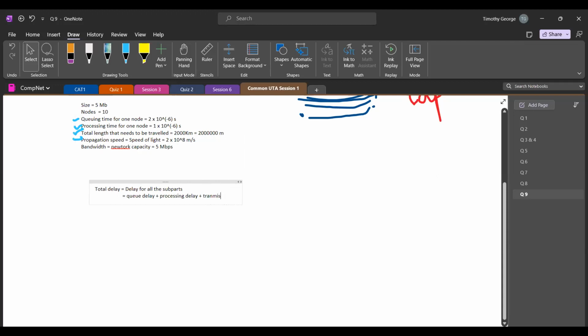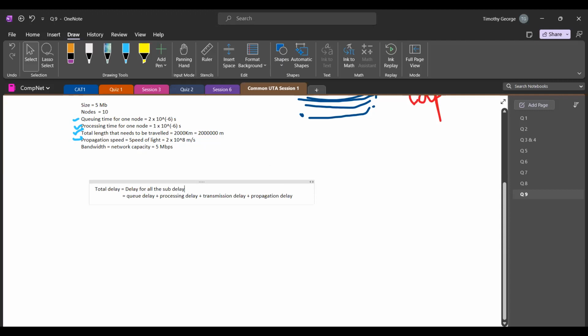So there's a transmission delay, given the capacity of the network. And then the propagation delay.